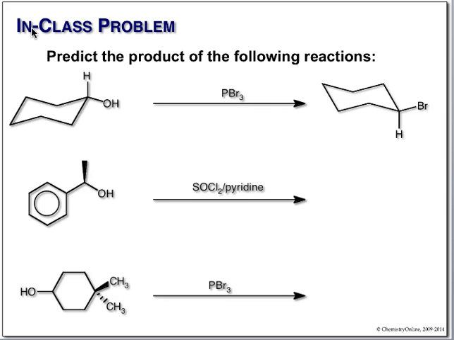On the exam, you would have to do that. Simplest way to do that, remember, all you have to do is swap any two groups. And that gives you inversion. So I'm going to just put the chlorine down here where the hydroxyl was. And I'm going to move my methyl to the back.